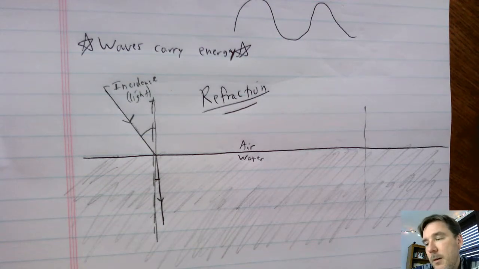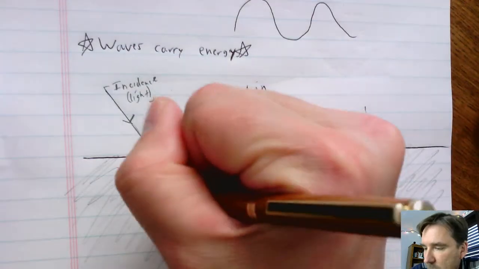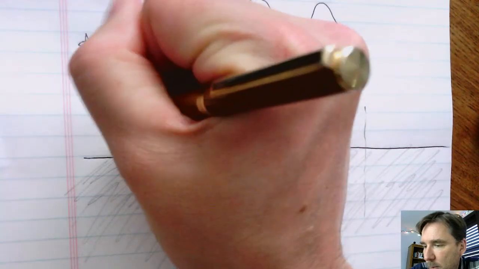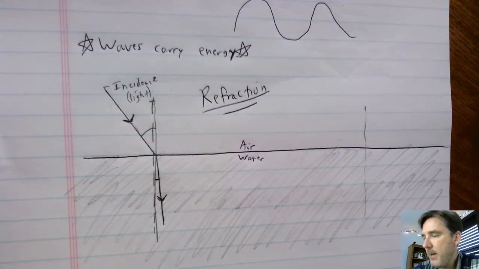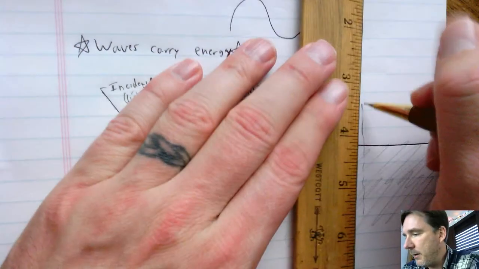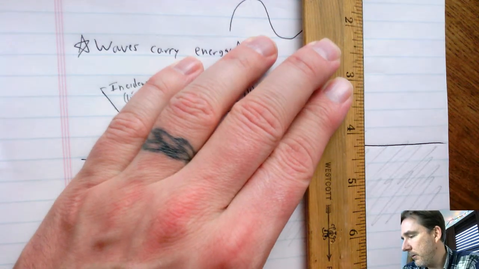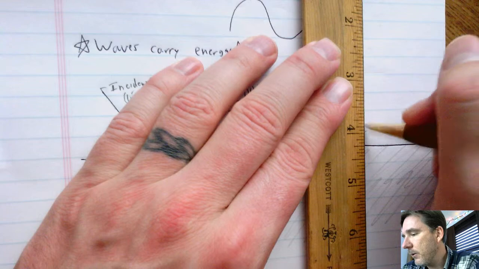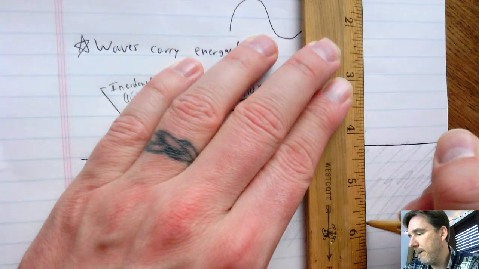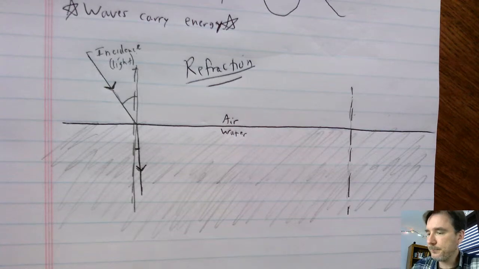And like I said, if it's going the opposite direction, so in this case it was going into the water, if we have the light ray coming out of the water, I'm going to draw this dotted line here. This is my normal line. It's my line to help me compare things.